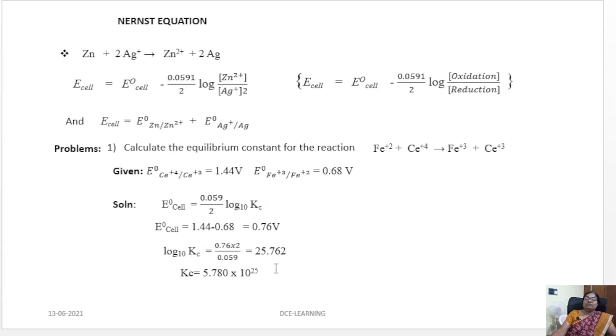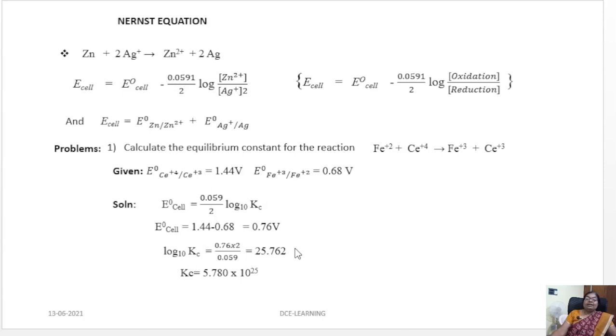Then log Kc is equal to 0.76 times 1 divided by 0.059, where n is the number of electrons involved, and it is easy to calculate: 12.88. Then Kc is equal to 5.78 into 10 to the power of 25.